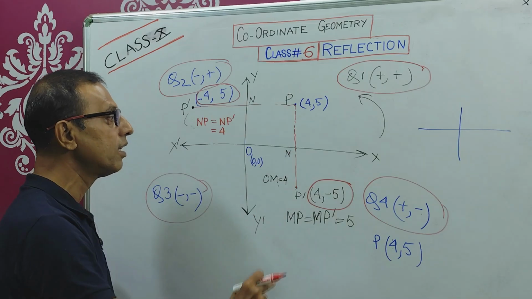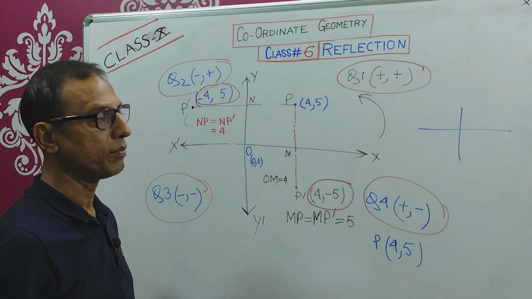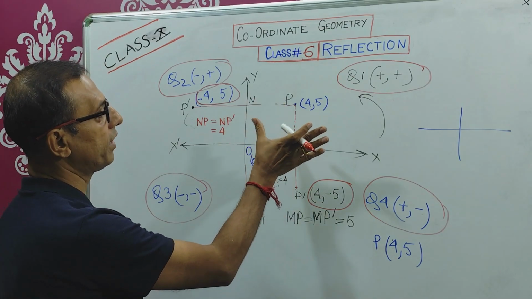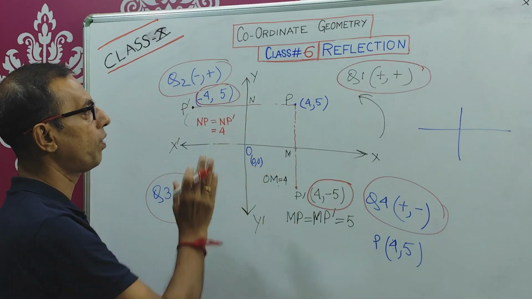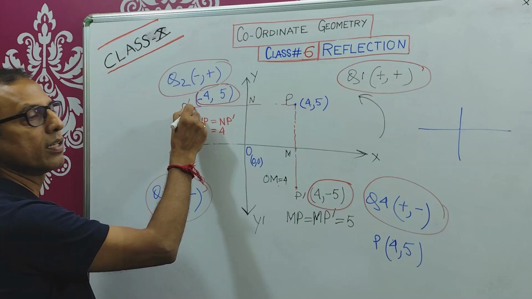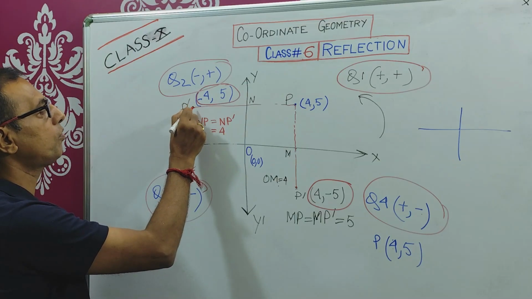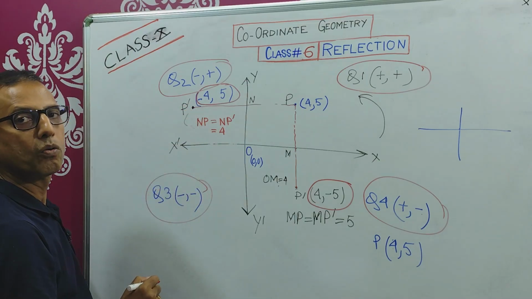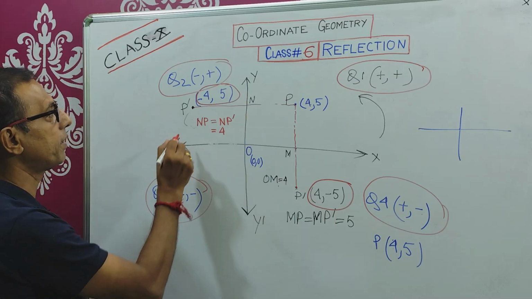And concept-wise, the perpendicular distance is the same, so it can be reflected on the x-axis, it could be reflected on the y-axis also. Let's say now (minus 4, 5) is one object, now it is reflecting on the x-axis. What will happen?